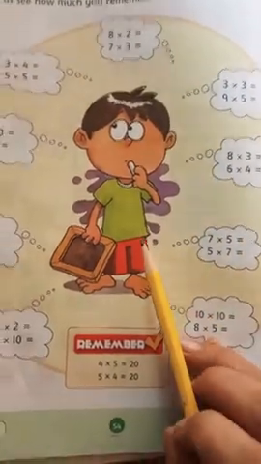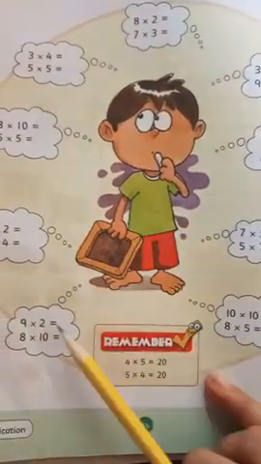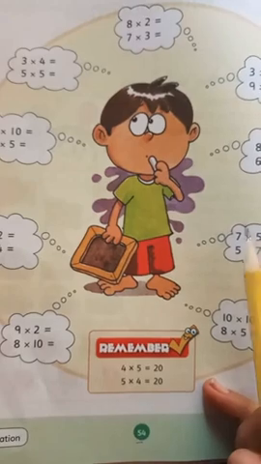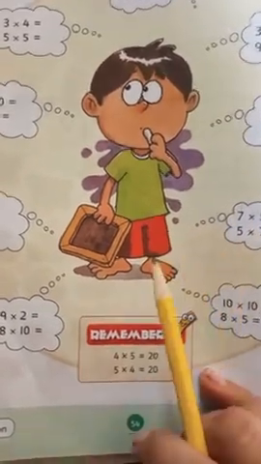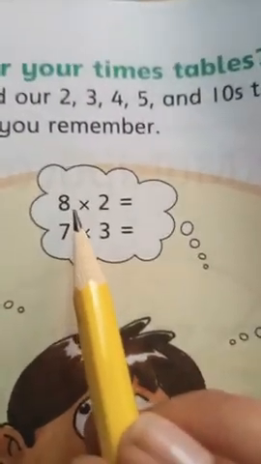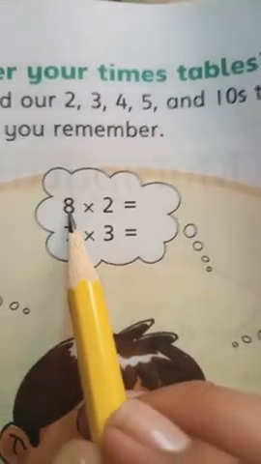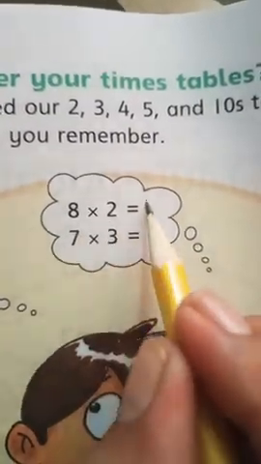Here is a student like you, and he is going to ask you the tables that we have learned before, and you are going to answer his questions. Okay, students, let's start from the first cloud. We have learned the table of 8. 8 twos are 16.